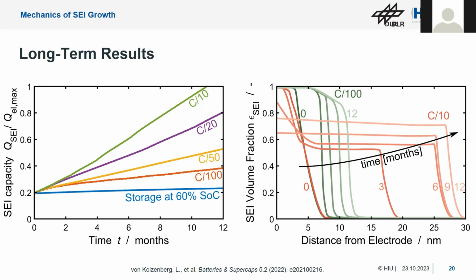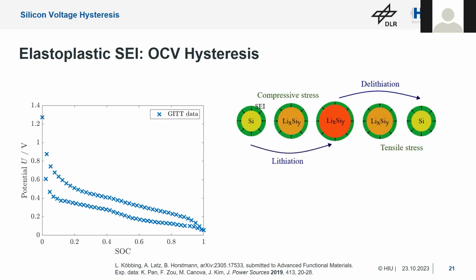So then there's always a pathway for the electrolyte to come to the electrode. And this means that there's not a real passivating behavior of the SEI, and then we just have linear growth continuing.